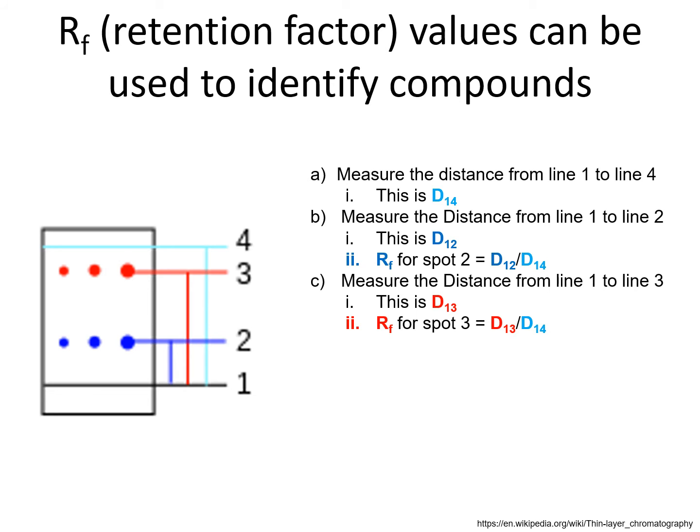So the Rf value of sample 2 will be the distance from number 1, the starting line, to number 2, the spot, divided by the distance from number 1, the starting line, to the front line.